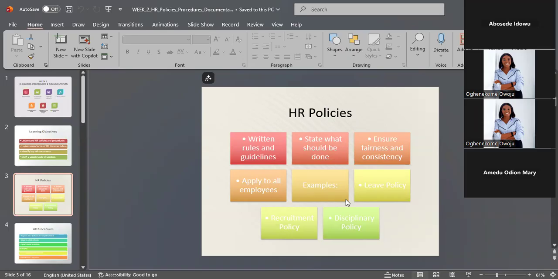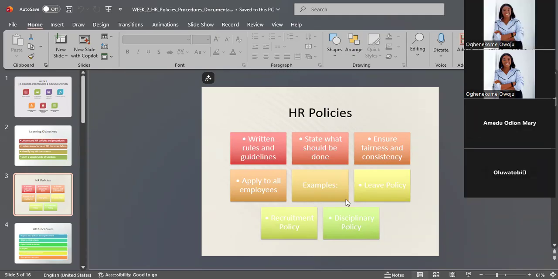That is what leave policy does. We have different types of leave during the year. Number one is annual leave. Number two, which is very important because of human health, is sick leave. And these things have standards.